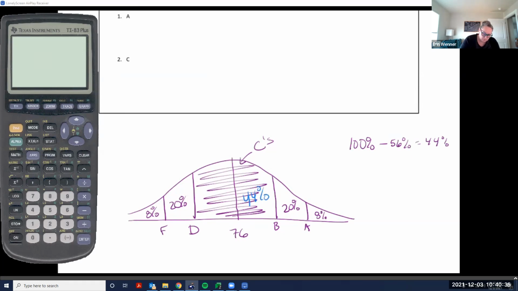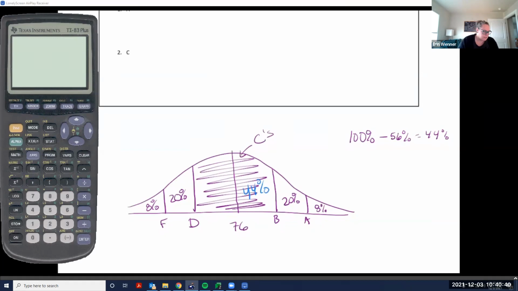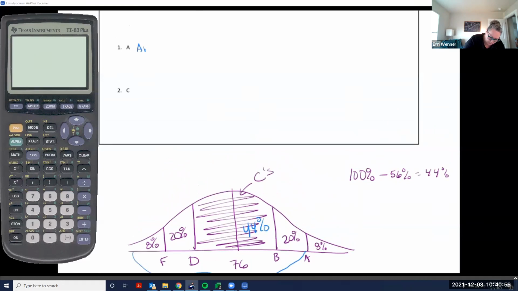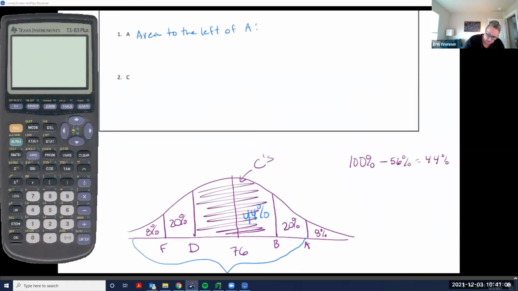So we think about our A's, the percent of the data that's to the left of the A is all this stuff. Okay. So the area to the left of A is 92%.